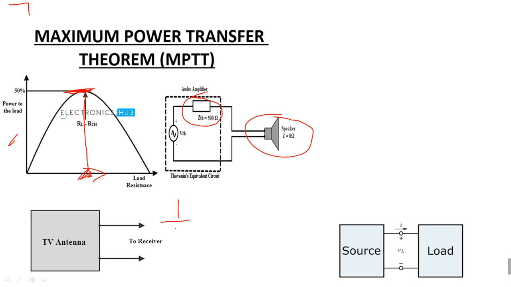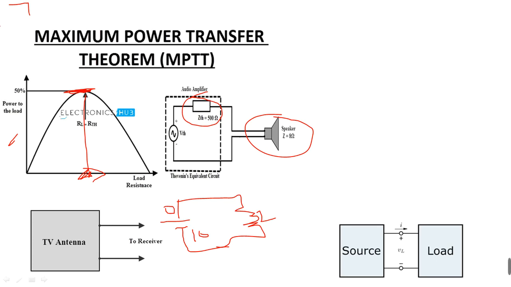There is a question to you all which was asked to me in my company interview. Suppose there is a battery of internal resistance 0, and somebody has connected a resistance here. Suppose this is a 10 volt source and this is a 2 ohm resistance.